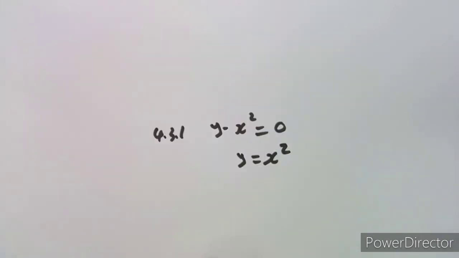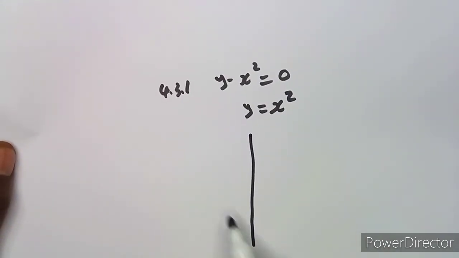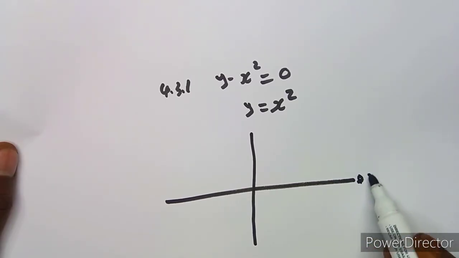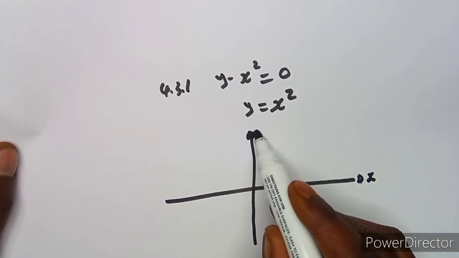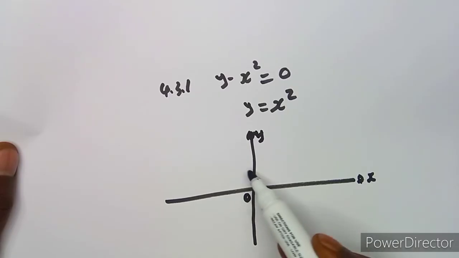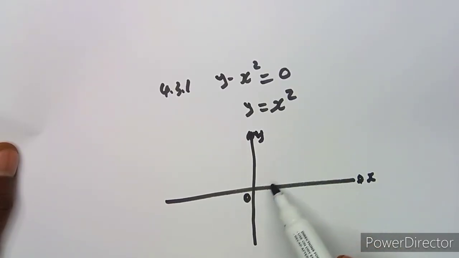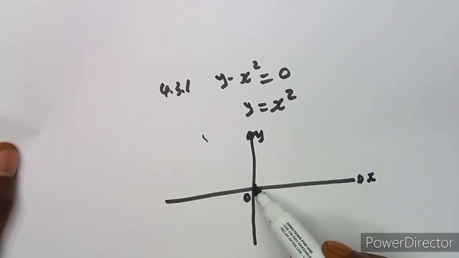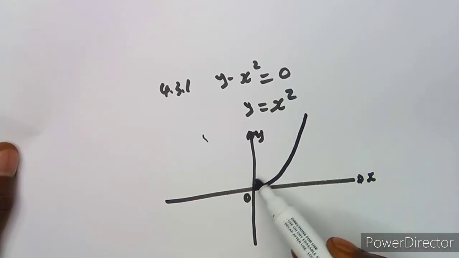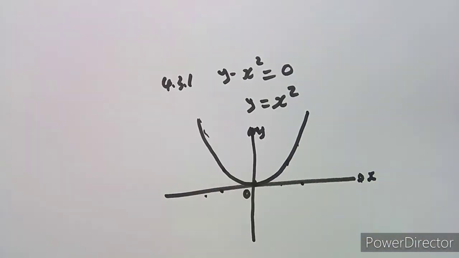It's a graph that is symmetrical about the y-axis, because for each and every value of x that we have, it's going to give us the same value of y. So it's going to be like this. Here, this one is going to be symmetrical.